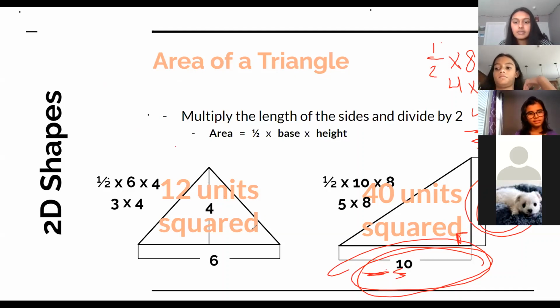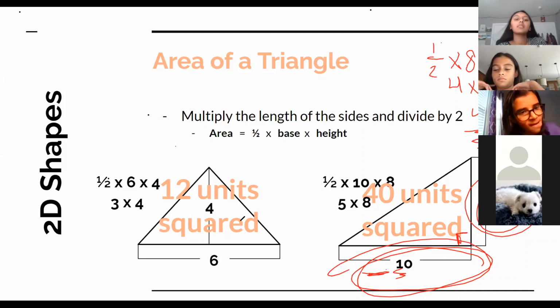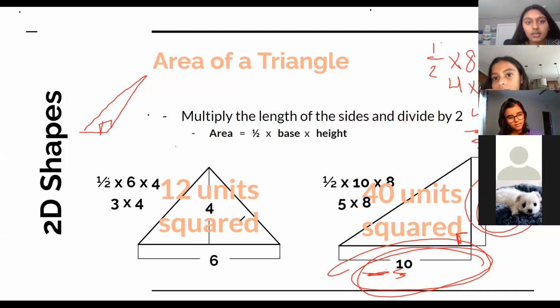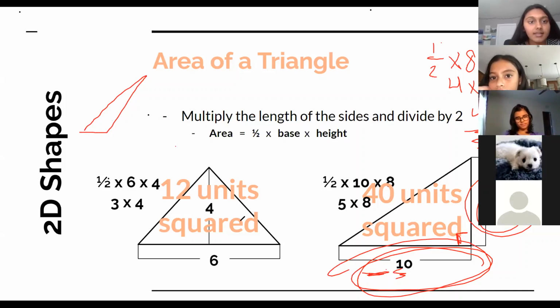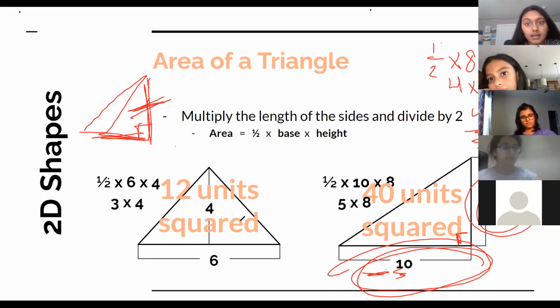Oh, okay, I see what you're saying now. Well, I'm not saying that the base doesn't. The height can always be different, because look at this triangle. There is no right angle here, there is no obvious answer. The actual height of this would be here. You would draw a line here and connect that to the base, and this right here would be your height.